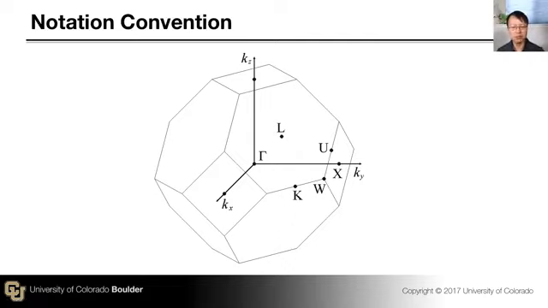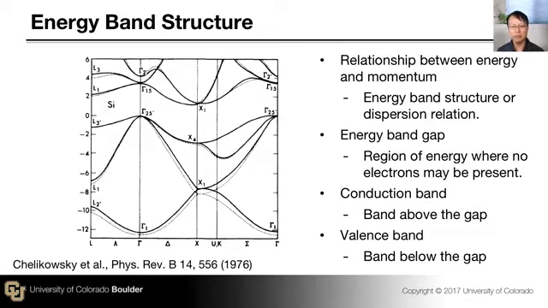Now, with this notation convention, we can read an energy band structure or energy band diagram, which plots energy as a function of k vectors. So in this diagram here, this is a silicon energy band structure. The y-axis is energy, of course. The x-axis here is various k values inside the first Brillouin zone.